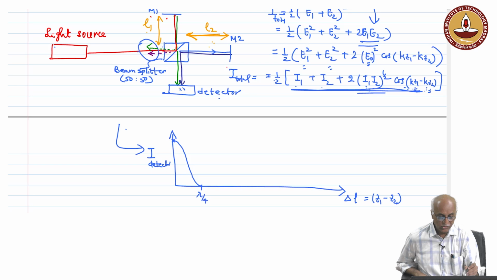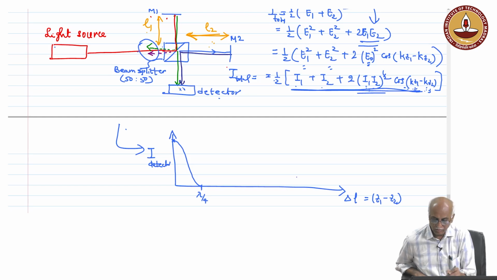Correct. That means the difference in path length is lambda by 4. So what will happen?